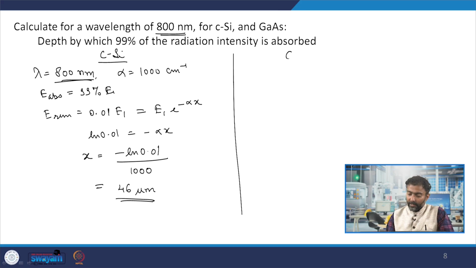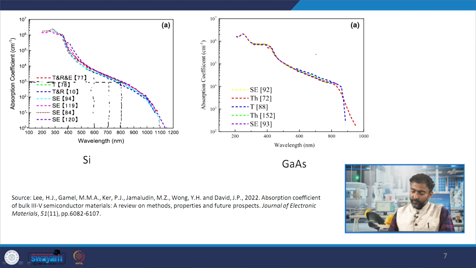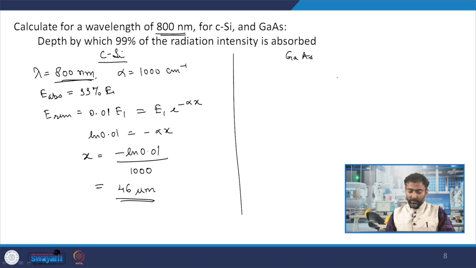And in the same way for gallium arsenide also we can calculate. We need to read from the graph. If you see, for 800 nanometer wavelength, the value is quite close to around 10 to the power 4, or 10,000, somewhere in that vicinity.